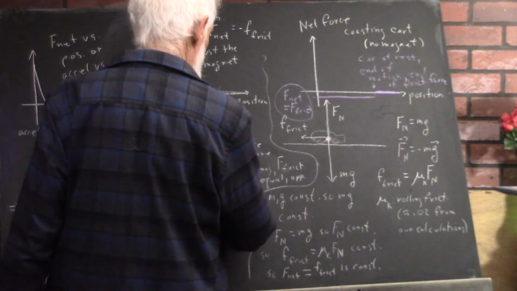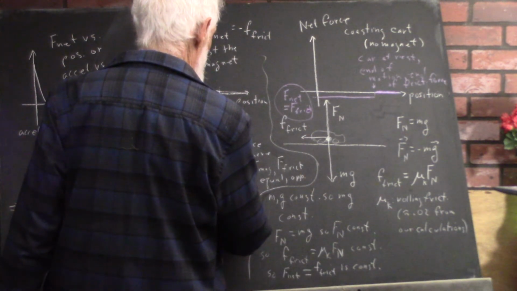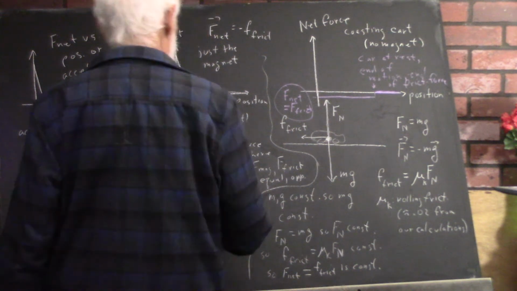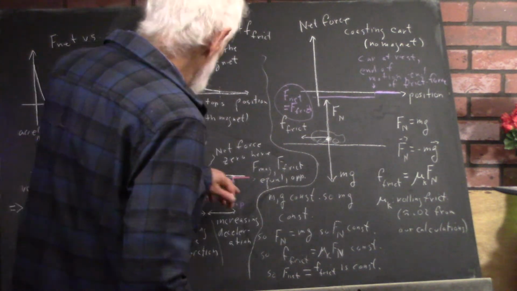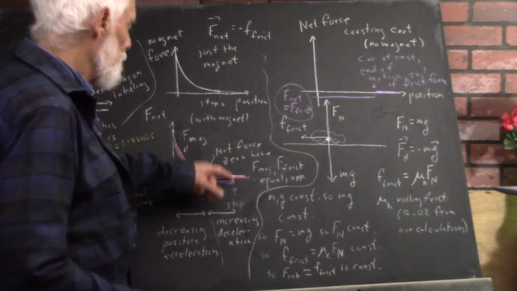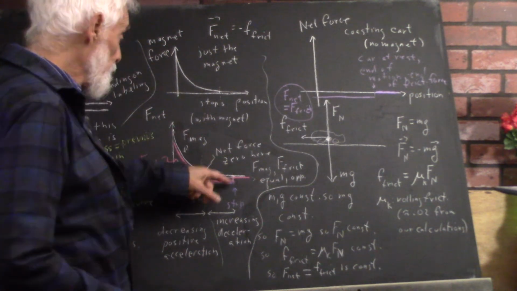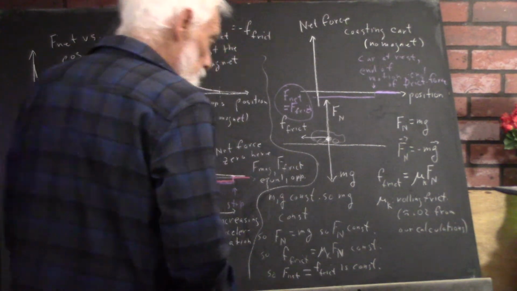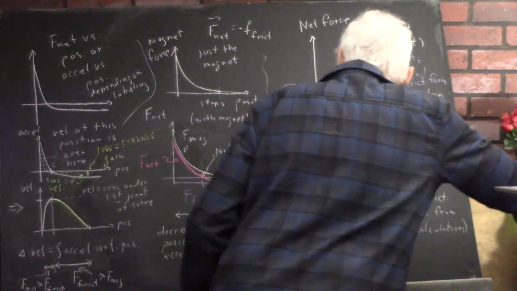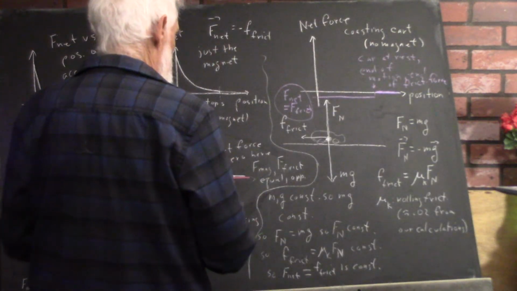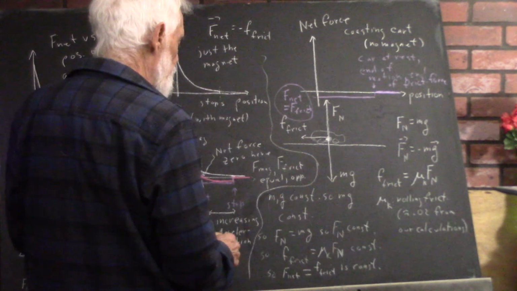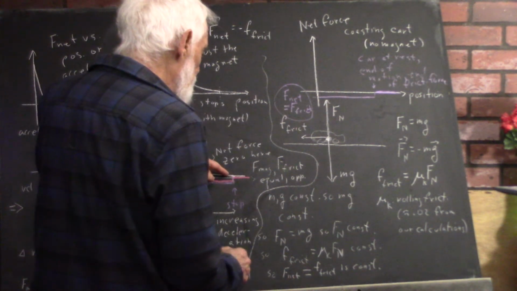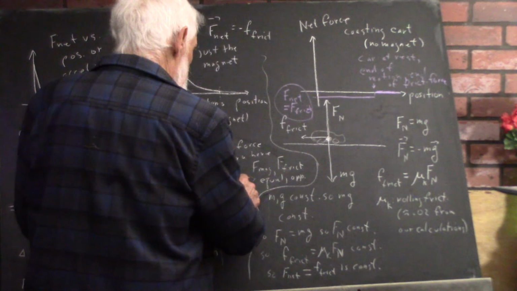Okay, so what I said a minute ago, the frictional force, sorry, the net force doesn't join the magnetic force. There's actually a little bit of frictional force because of the static friction in response to the magnetic force.